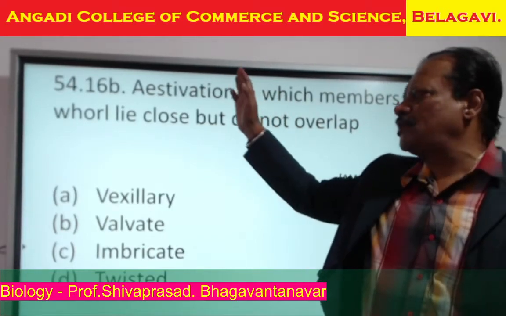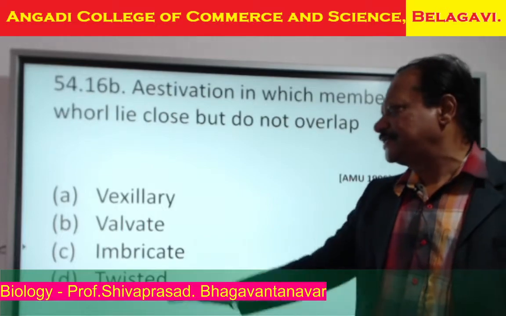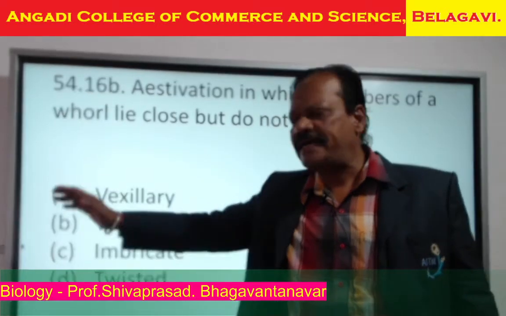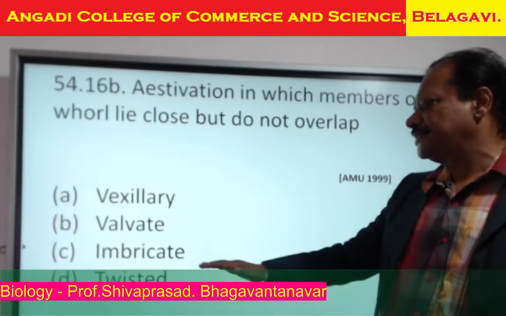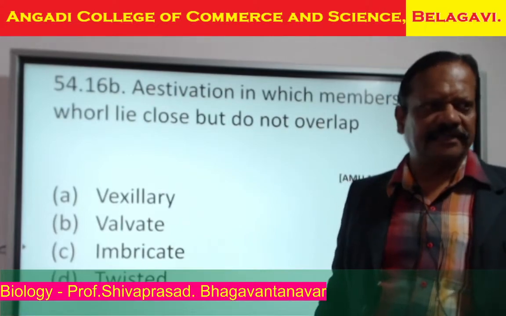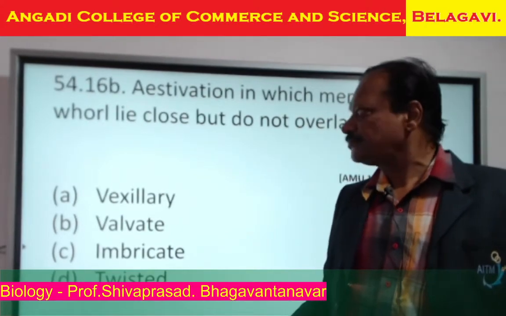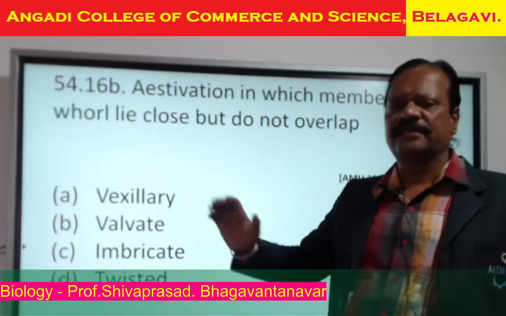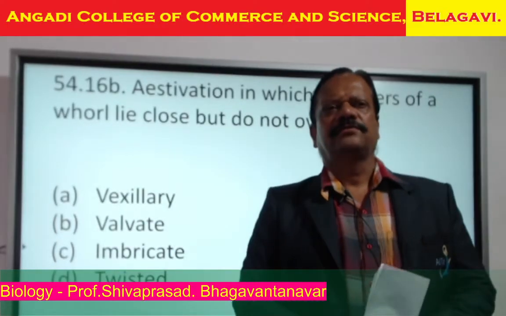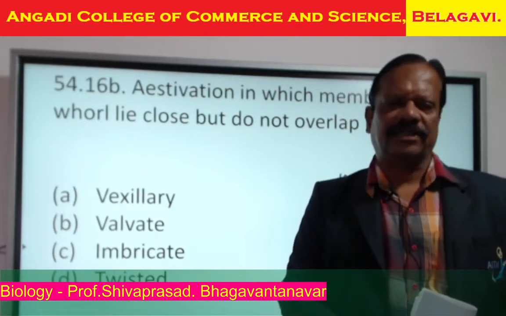So in this question, the correct answer is the valvate type of estivation. So option B is the right answer. In case of imbricate and twisted, we can see the overlapping. So as a result, this is the right answer, and here we are stopping today's discussion.